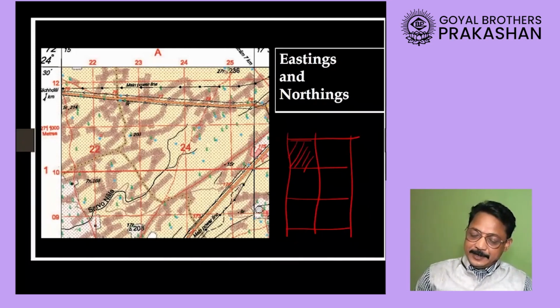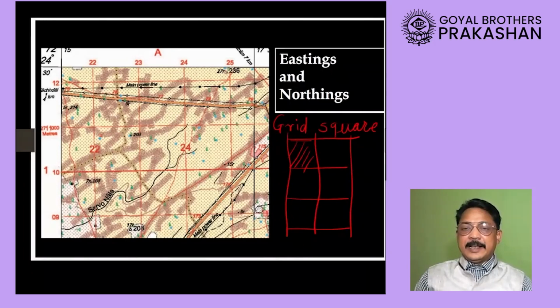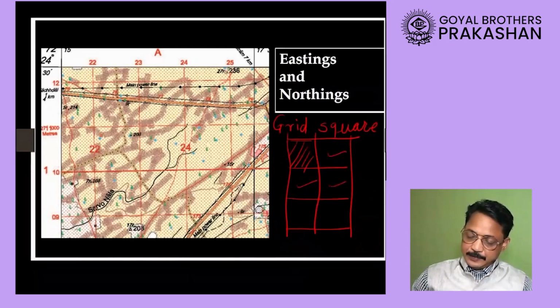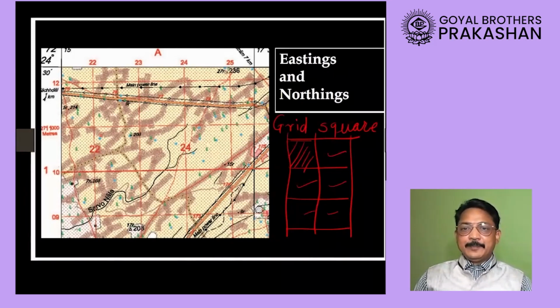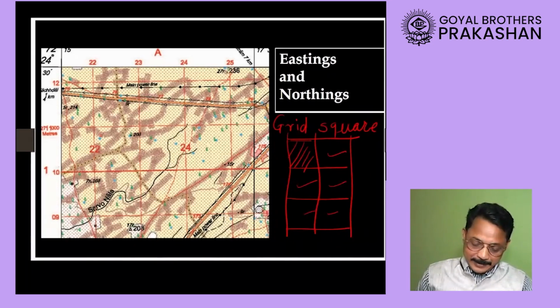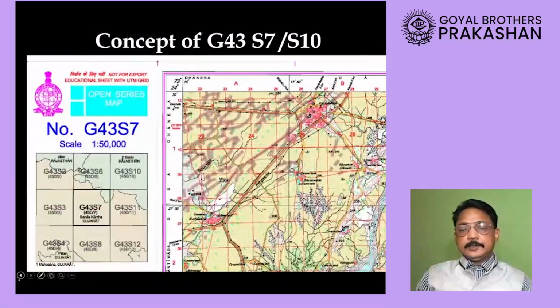Such a square is called a grid square. The square, dear students, which is formed by the intersection of eastings and northings, we call this square by the name grid square. Okay. Now, a very important question.